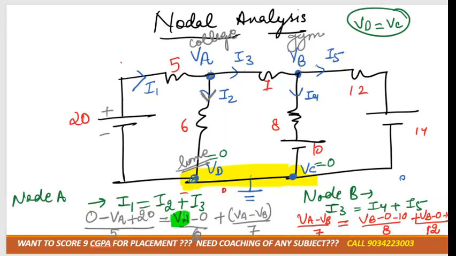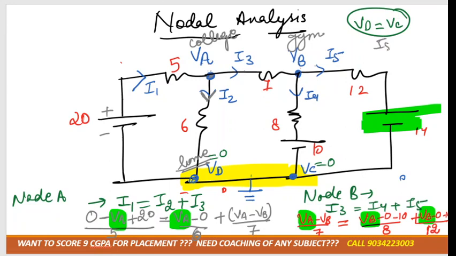Why is it VB minus 0 for I5, and why is the minus 14 in the fraction? It should be separate. No, it is not in the fraction. The I5 value is VB minus 0 minus 14, divided by 12.